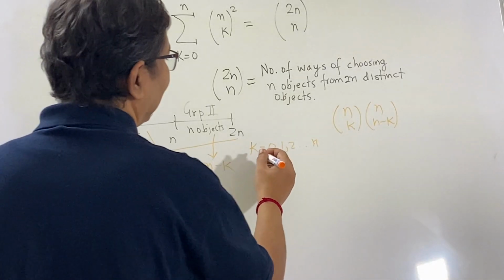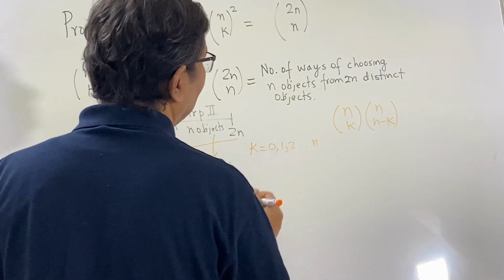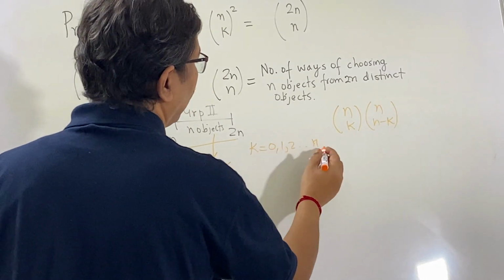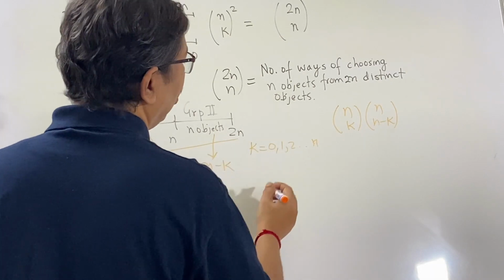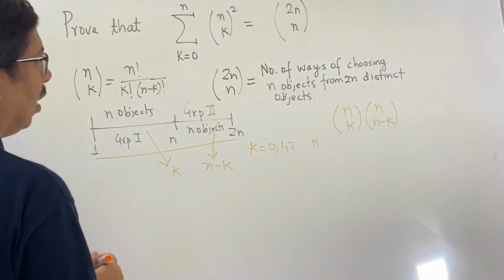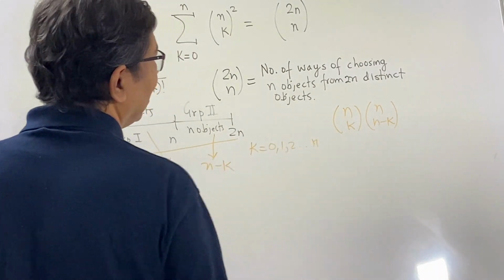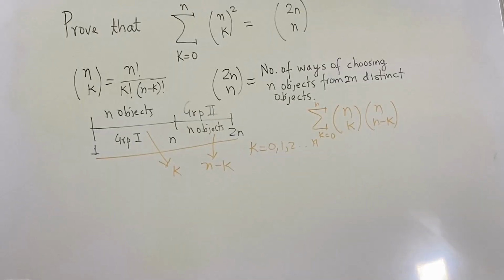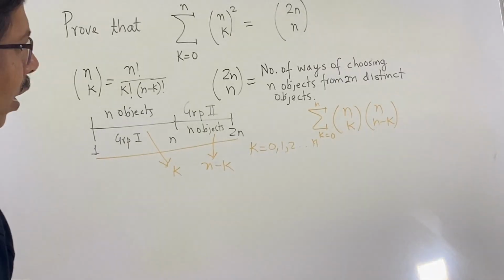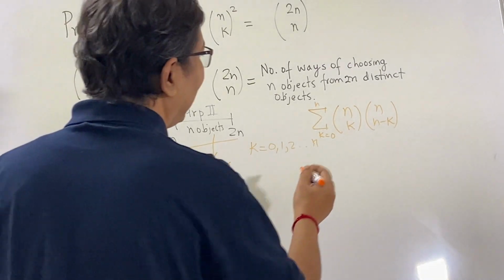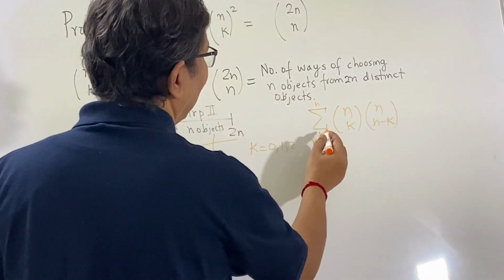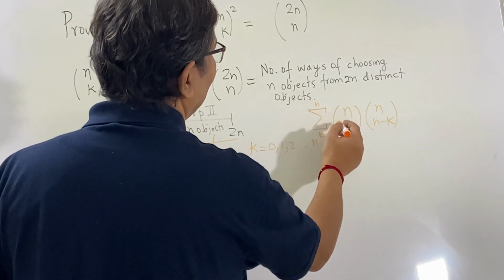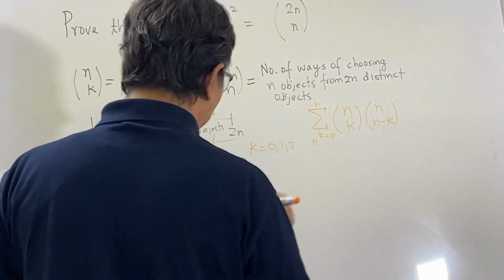And since k varies from 0 to n, we have n plus 1 cases. The first case is when k is 0, the second case is when k is 1, and the n plus 1th case is when k is n. So we see that the total number of ways of choosing n objects from these 2n distinct objects is the sum for k equal to 0 to n of nCk into nC(n minus k).